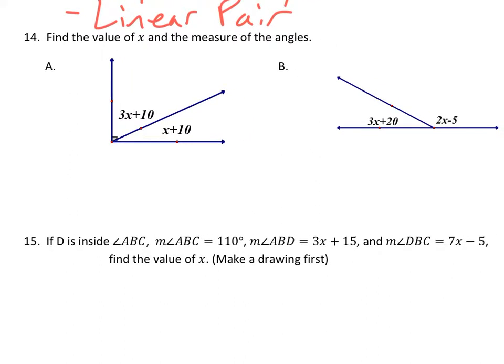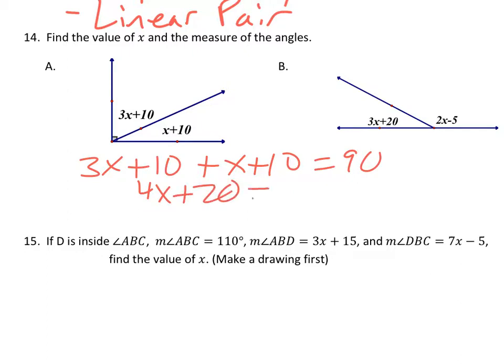Here we've got some pairs of angles. Now these two are going to add up to 90 because that right there means 90 degrees. So the two angles, 3x plus 10 and x plus 10, add to 90. So we end up with 4x plus 20 equals 90. Subtract 20 from both sides, and you get 70. Divide by 4. Well, half of 70 is 35.